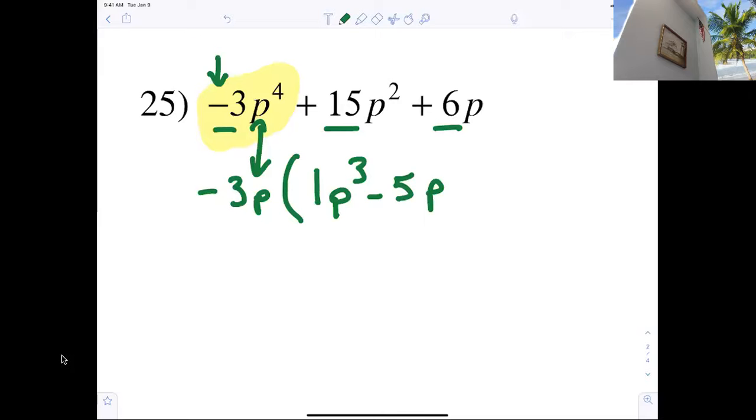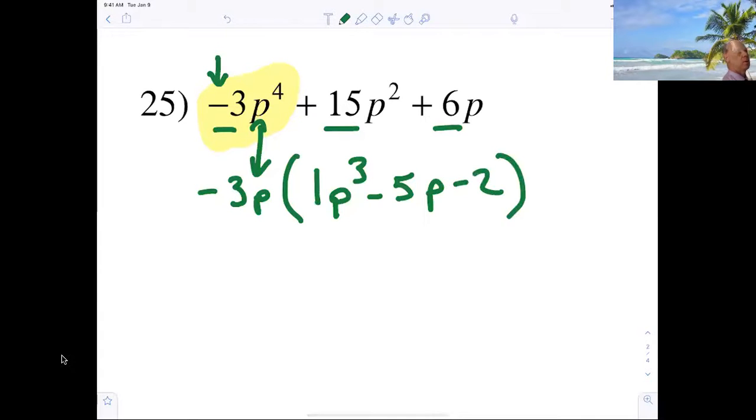This term. 2 minus what? That's why that's there. Now, what's the last one? Why is it negative 2? Yes. Write that down.